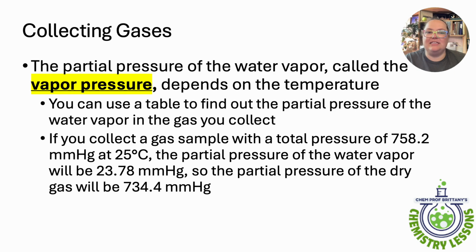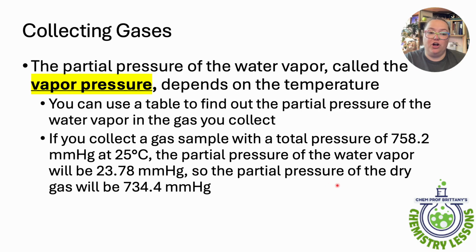If you collect a gas sample with a total pressure of 758.2 millimeters of mercury at 25 degrees Celsius, well, the partial pressure of water vapor is 23.78 millimeters of mercury at that temperature. So that means that the partial pressure of your gas that you collected plus the partial pressure of your water has to equal that total amount, that 758.2.